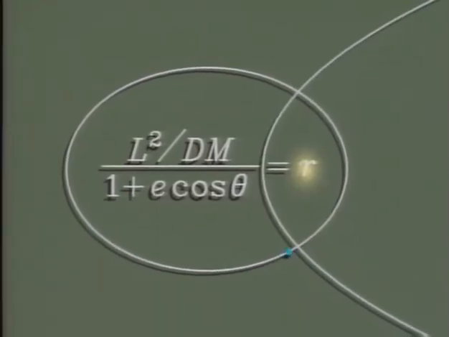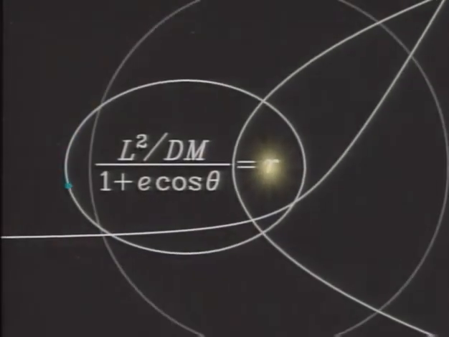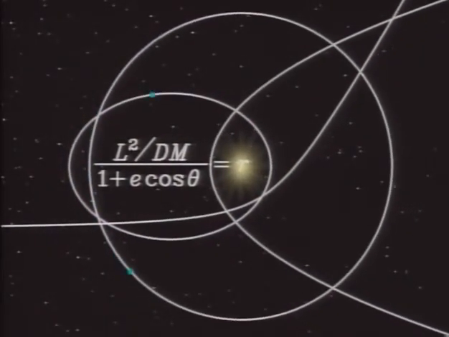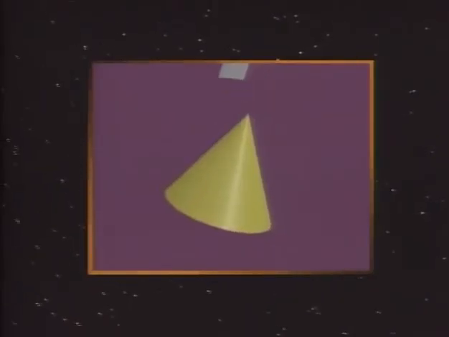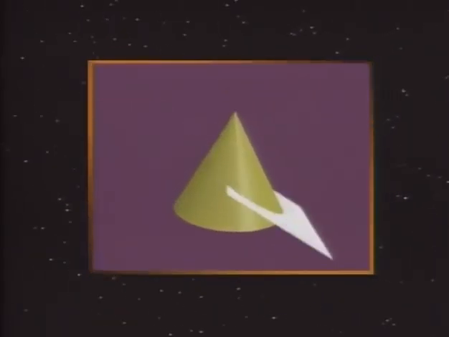Ellipse, parabola, and hyperbola all find their arcs described on the celestial tapestry. And so, as Isaac Newton was the first to discover, the force of gravity moves all heavenly bodies along conic sections. And since planets move in closed curves, their orbits are ellipses.